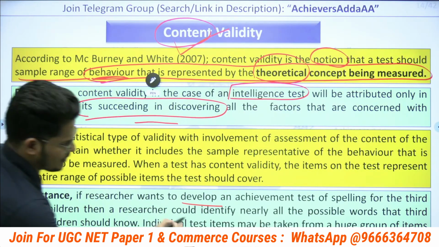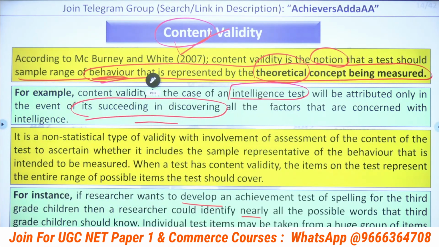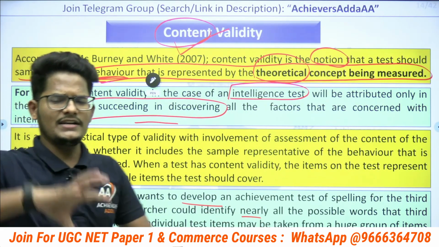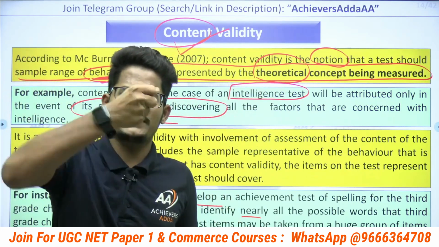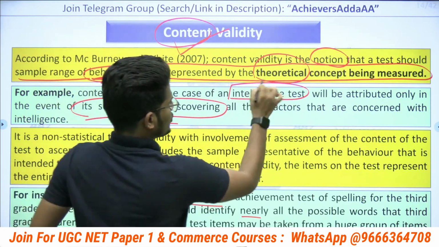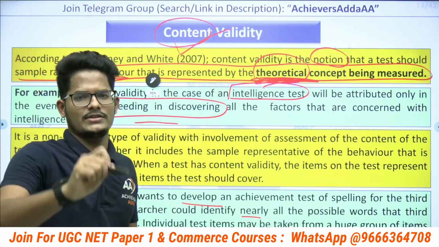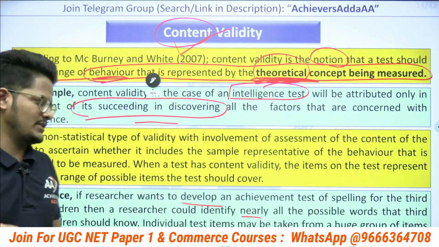So a researcher could identify nearly all the possible words that a third grade child should know. After identifying all the words which a third class student should know, only then can you conduct this test. That means you must frame the theoretical concept first, which is covered under your study, which has a scope under your study.